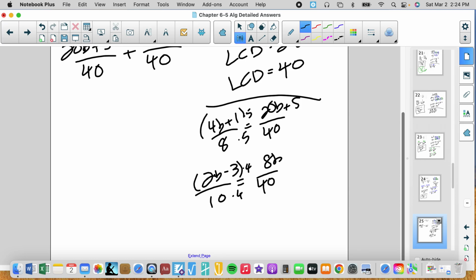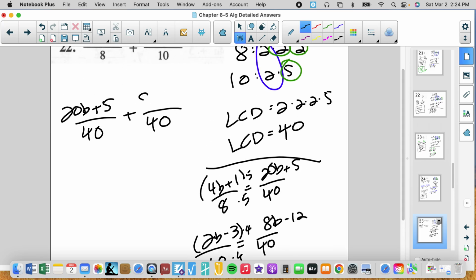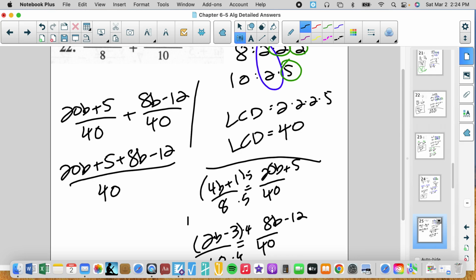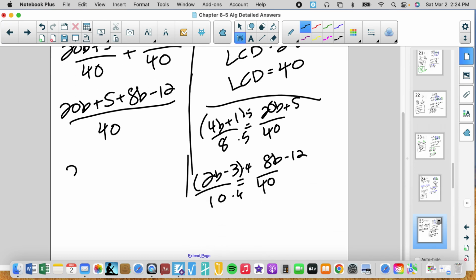So that's 8b minus 12. Let's put them all on the same line. 20b plus 5 plus 8b minus 12 over 40. 28b minus 7 over 40.